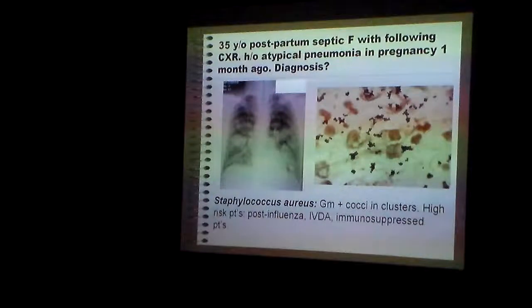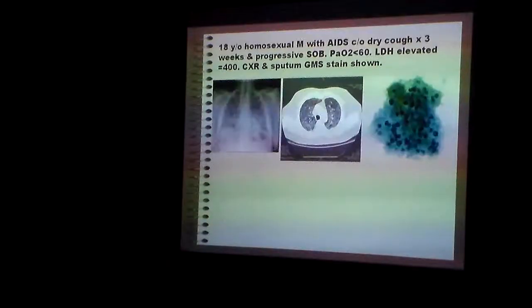You can also see Staph aureus pneumonia in IV drug abusers and immunosuppressed patients. Some of the Staph aureus pneumonias are necrotizing, so they'll have abscesses, and they have bullae, and all kinds of things. It's based on if they're producing the toxin or not, okay? But some of the pneumonias can be really bad.